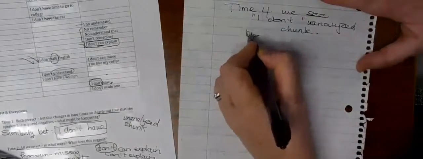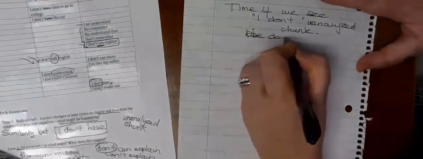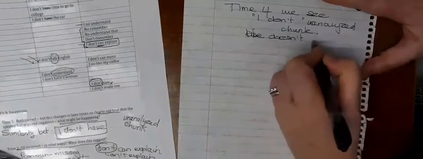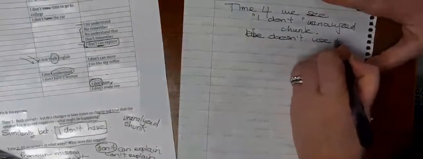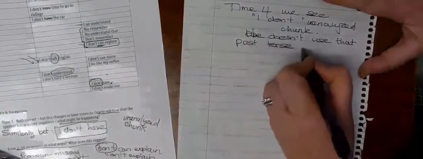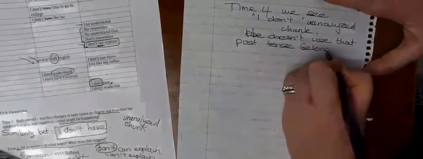Then you come to your part, Mark, which is clearly, so he doesn't understand, or he doesn't use the fact that past tense belongs on the auxiliary. Okay, so he puts it on the main verb.